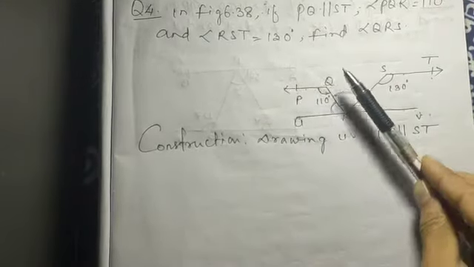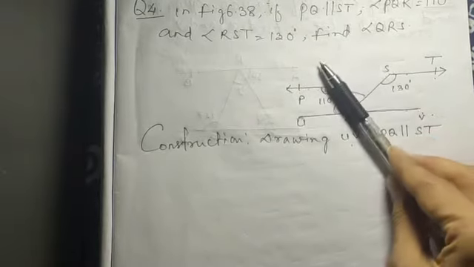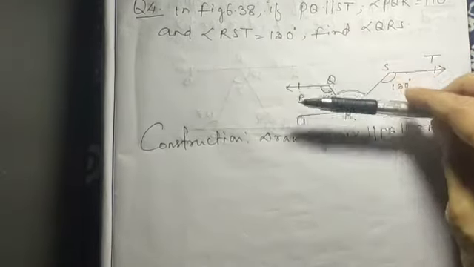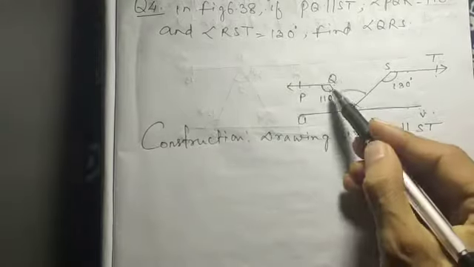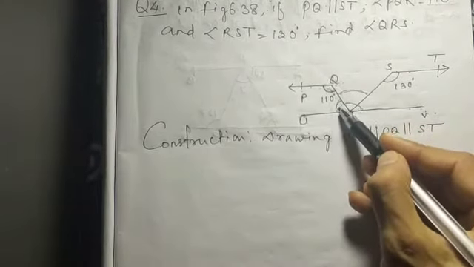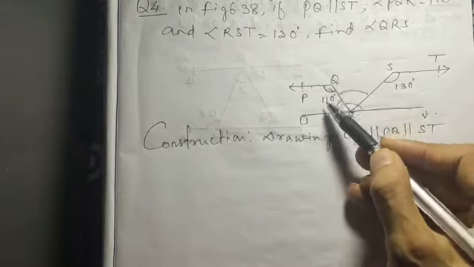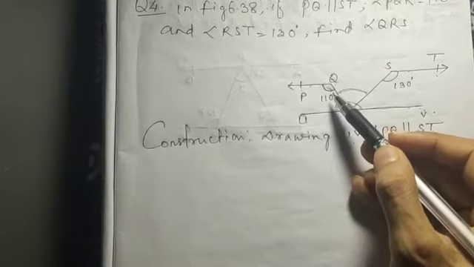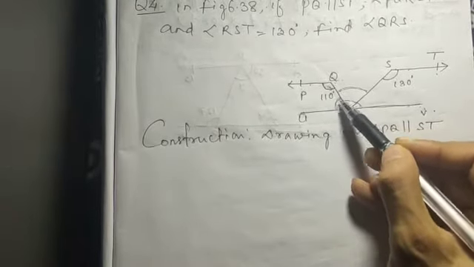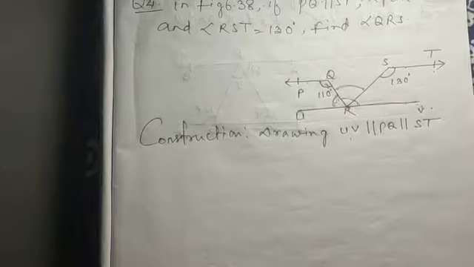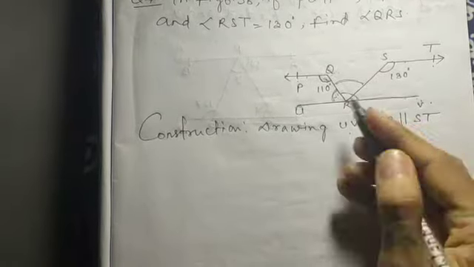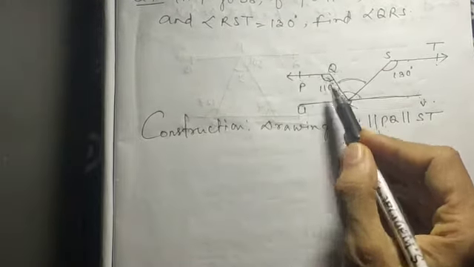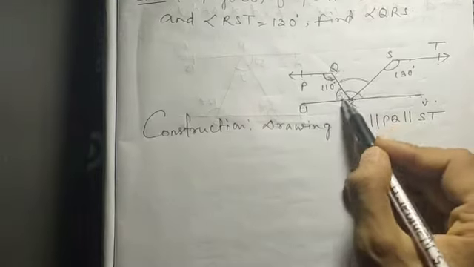So as per the property, the sum of the interior angles on the same side of the transversal is 180 degrees. That means PQR plus URQ, these two, is equal to 180 degrees.